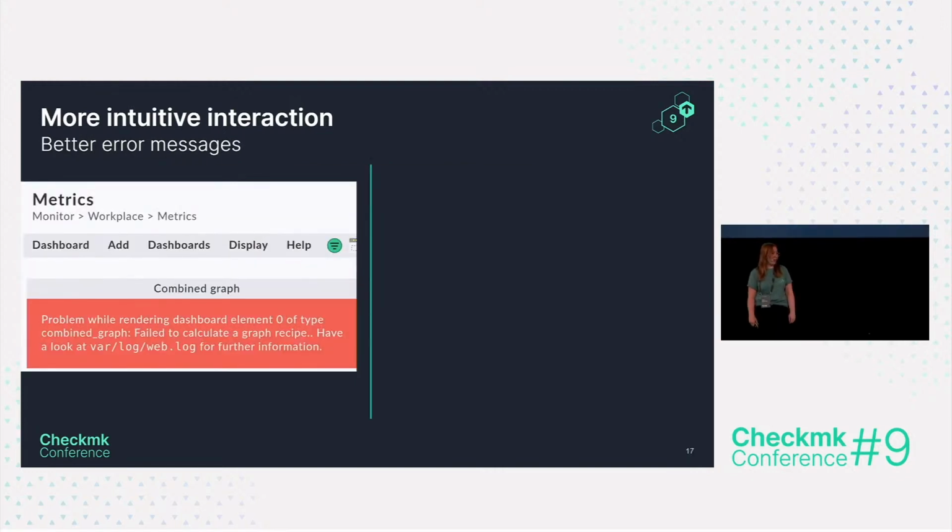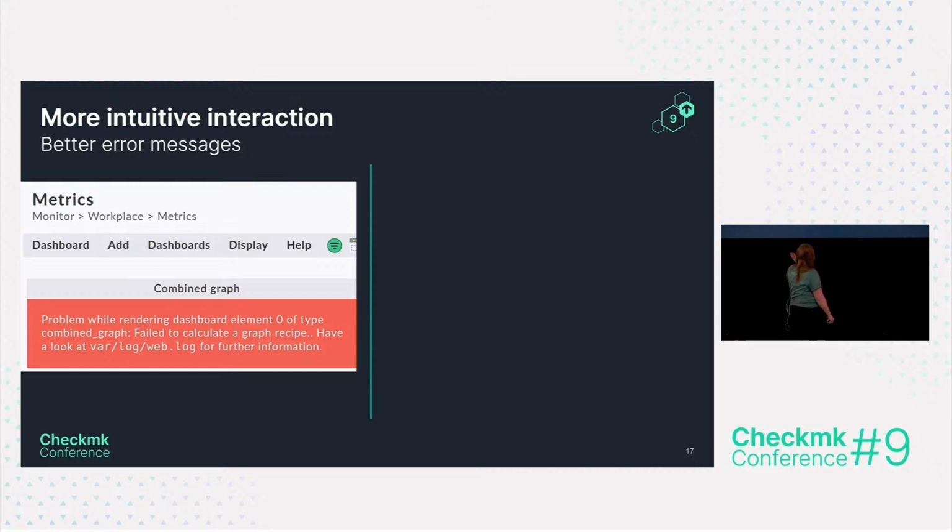So let's move on to error messages. They are never fun, I think we can agree on this, but they are even more frustrating if they do not explain what is actually wrong or how to solve it. One of these examples is the combined graphs. If you have already combined a graph, you might have run into this error message, and it's a very technical one.